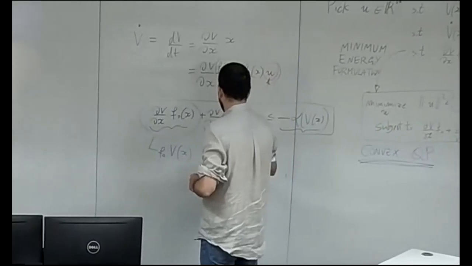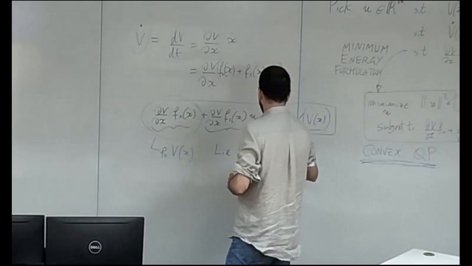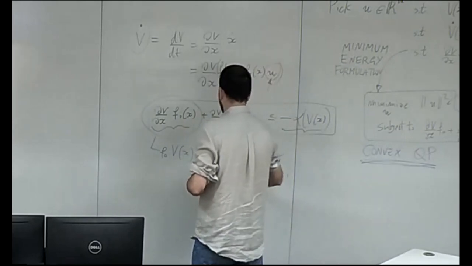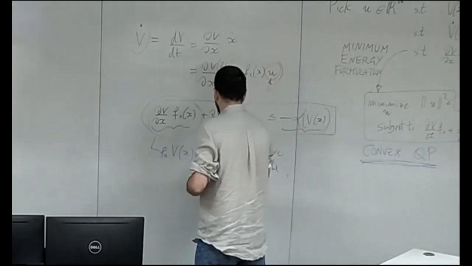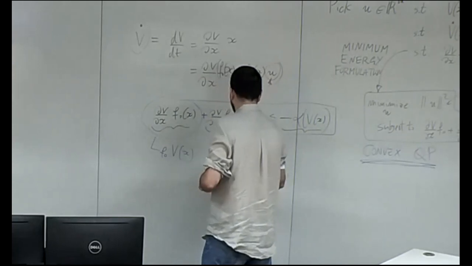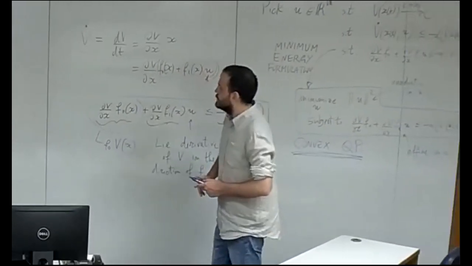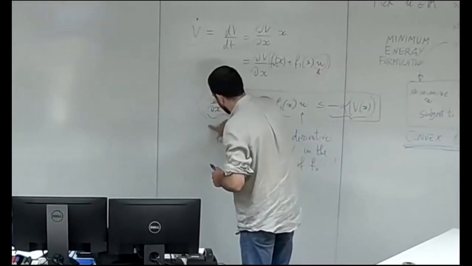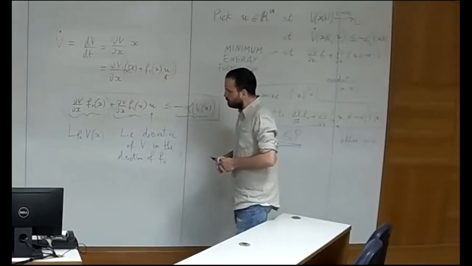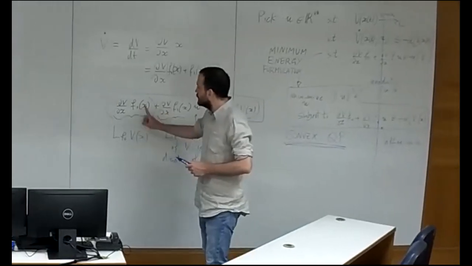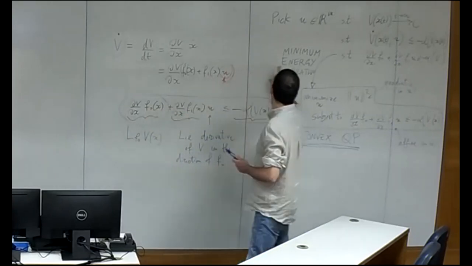This is known as the Lie derivative of V in the direction of f. In our case, this is an L, which stands for Lie, the letter L. For our purposes, this is just a replacement of this expression. It is super easy to compute because we are in Rn.